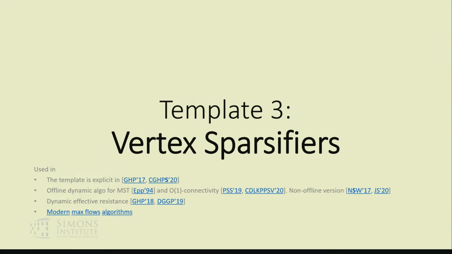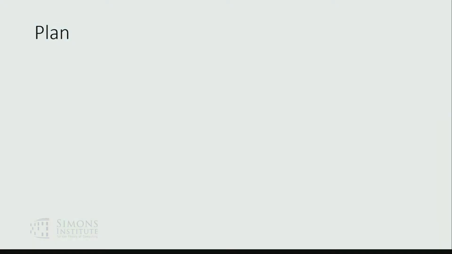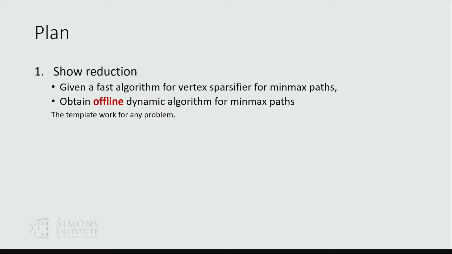And it's also used quite a lot in the modern max-flow algorithms, the almost linear time ones as well. So my plan is to show you this reduction. Given a fast algorithm for computing sparsifiers, you get a dynamic algorithm. But I will show the one that gives you the offline one.